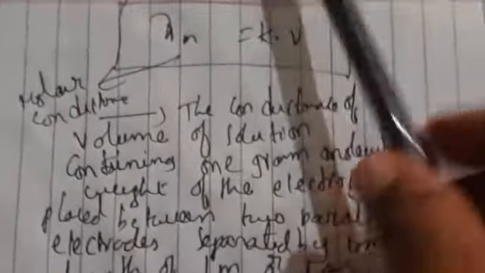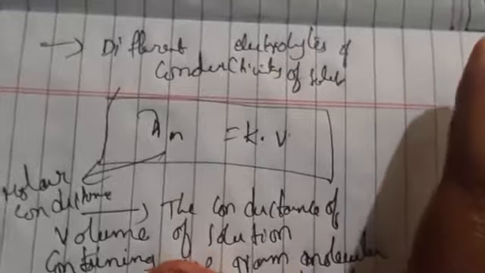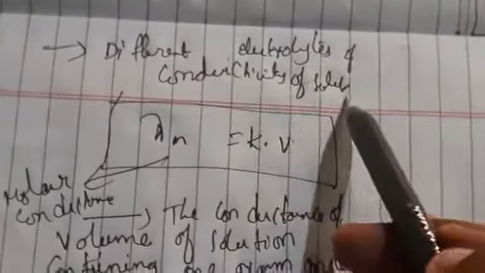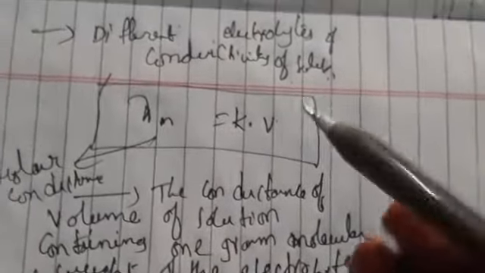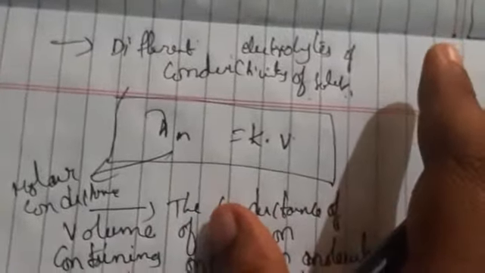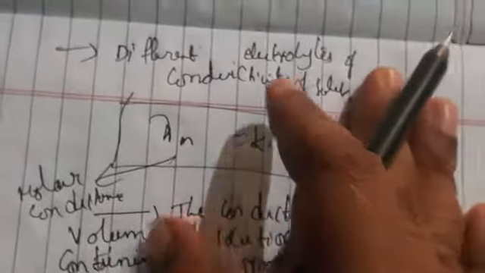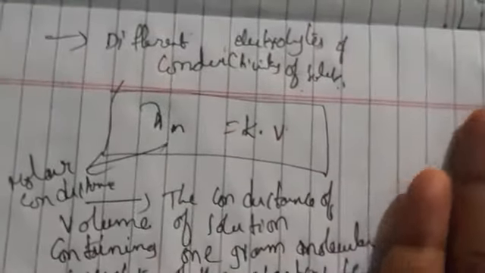So what I have told you here is that we will be taking the conductivity of solutions of different electrolytes in the same solvent and at a given temperature. So there will be change here. Different electrolytes means NaCl, KCl, like that, in the same solvent, water, at a given temperature, for example 298.